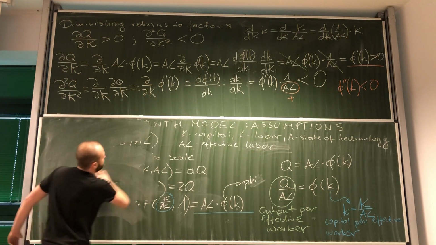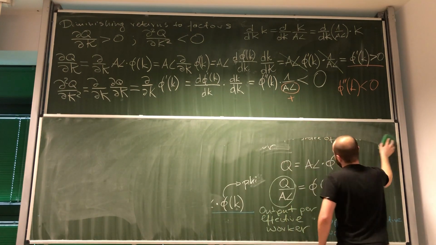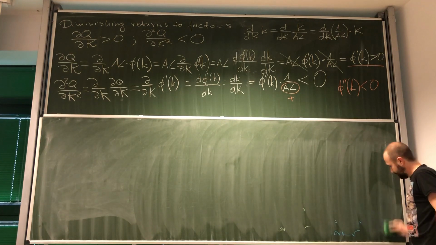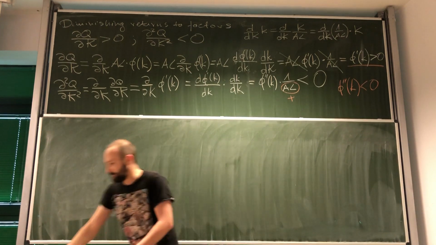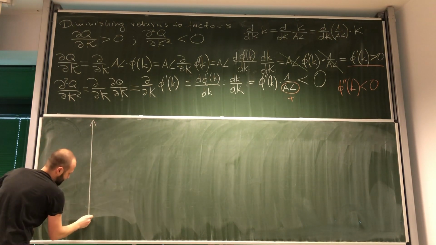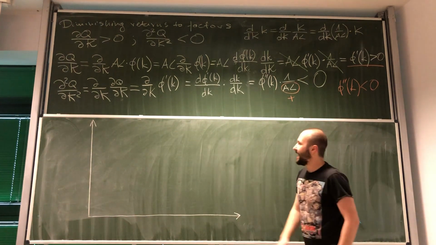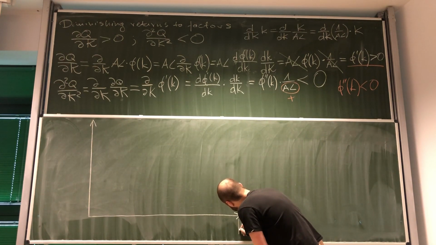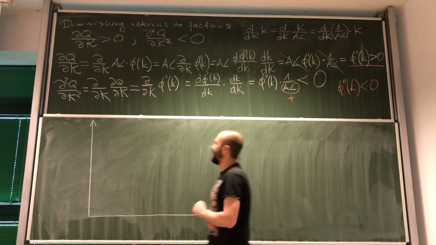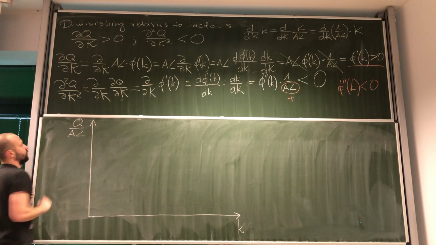And give me a second to erase this. So look, on horizontal axis, we've got capital per effective worker, and on vertical axis, we've got output per effective worker.